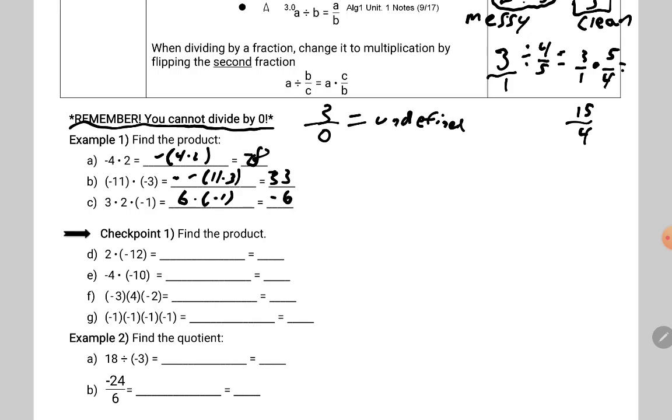Now for part C, this is the correct amount of work, the whole thing, because we're doing the first part first. 3 times 2 becomes 6, and then we write times negative 1.